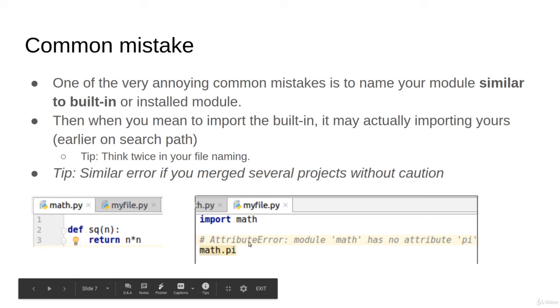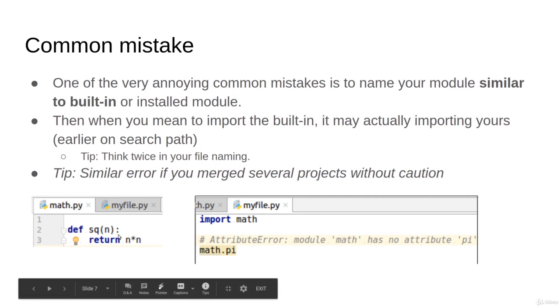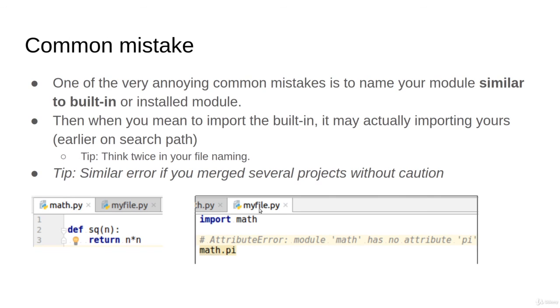You will get an error that there is no pi in math. You will go crazy. Why? I'm sure there is pi in the math module. The reason is your math module will overwrite the built-in module, and now what is available is only the square function. Remember that the interpreter searches this directory first. If it finds math, it will use it first. So this is a very common mistake.